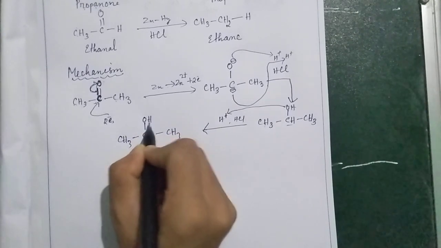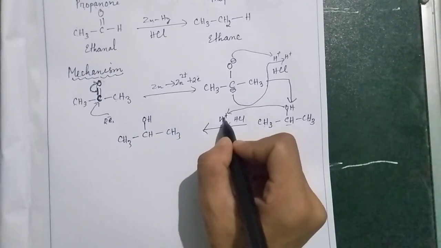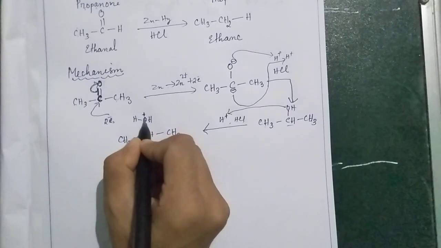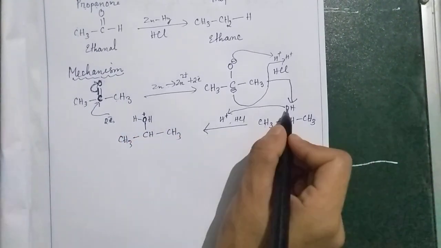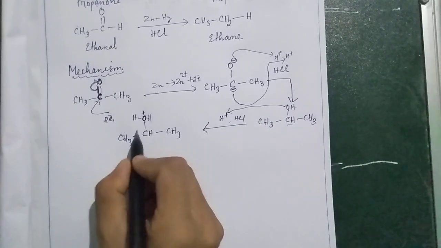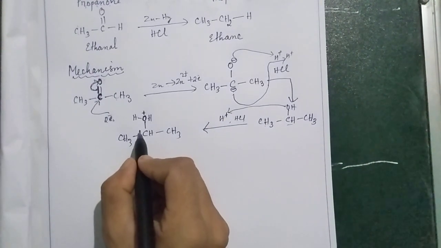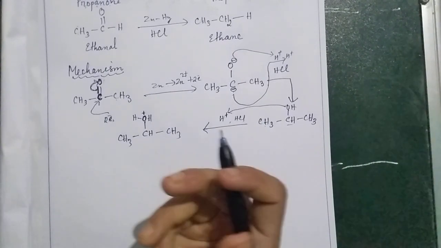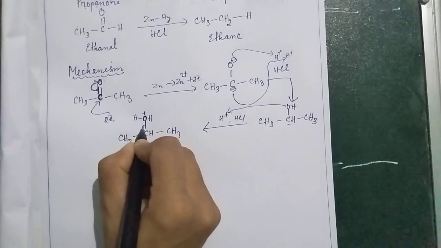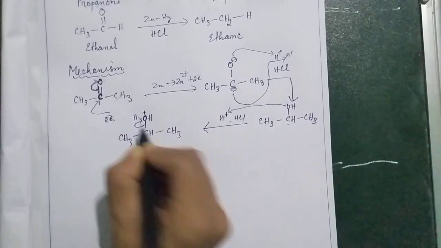Oxygen initially had 1 hydrogen, it has attracted another hydrogen, so it will become H positive, because it has already bonded with this H plus proton. Now oxygen being positive is very unstable, so it will like to attain stability by gaining these 2 electrons towards itself.